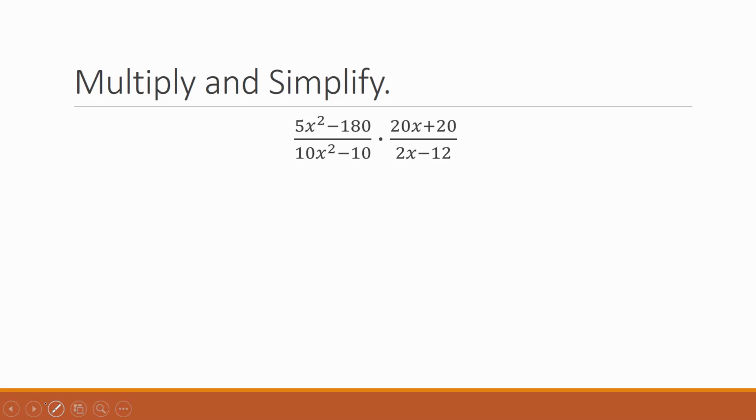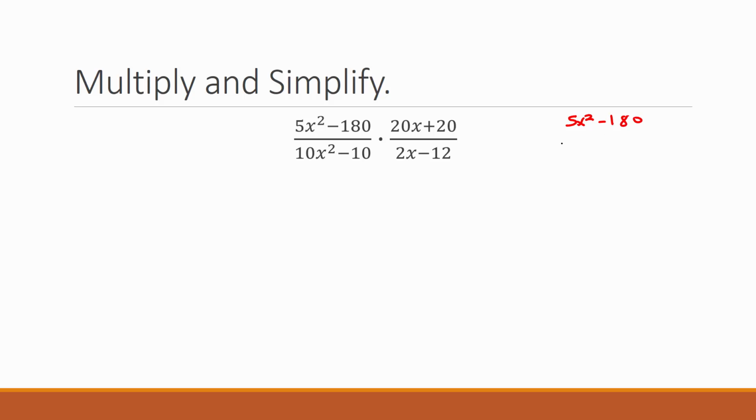Okay, this problem we're still doing the same thing. We need to factor, and after we get every expression completely factored, we can write it all into one fraction and then simplify. So let's go out to the side here and let's factor 5x squared minus 180.